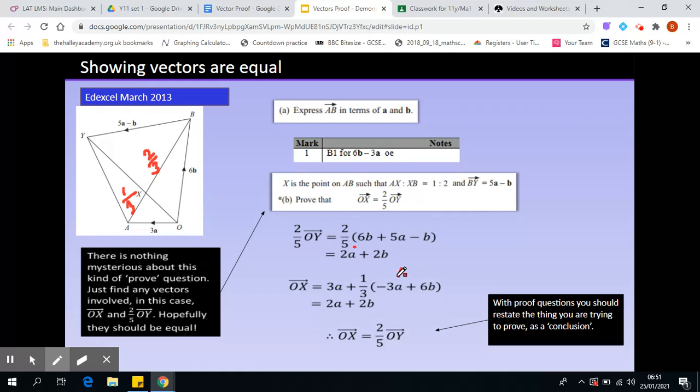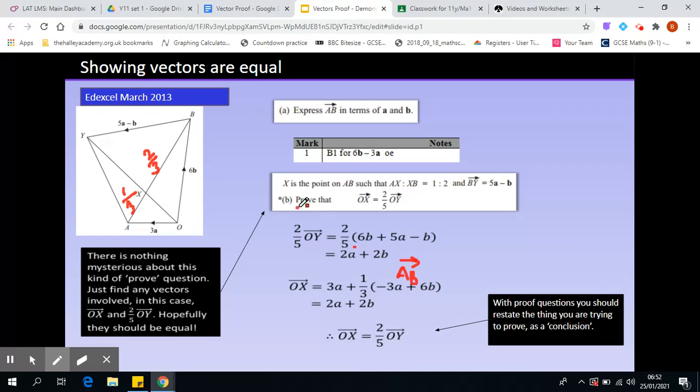That would give us 3a plus 1/3 of minus 3a plus 6b, which would be minus a plus 2b. Simplifying it would give us 2a plus 2b. As both of them result in 2a plus 2b, therefore vector OX is equal to 2/5 of vector OY.